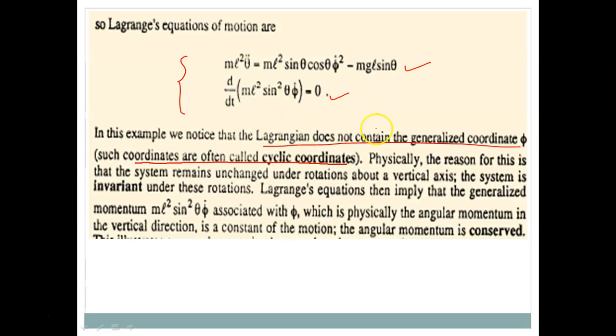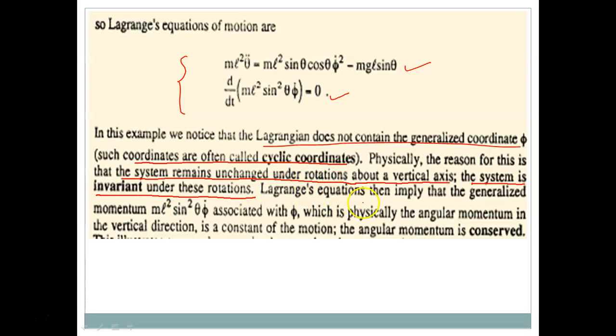So in this case, phi is the cyclic coordinate. Physically, the reason for this is that the system remains unchanged under rotation about the vertical axis. The system is invariant under these rotations.